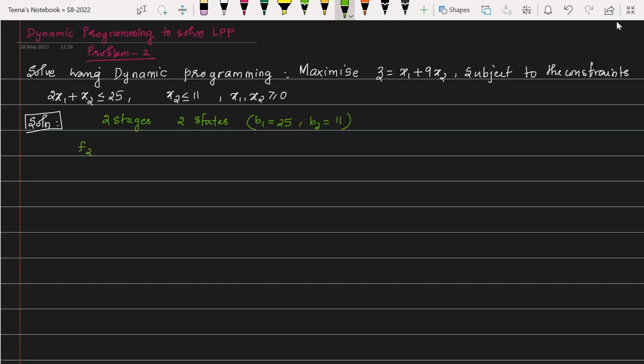As in the previous problem that we discussed in another video, here also we are starting from the second variable, or the second stage, so let us consider f2(25, 11).